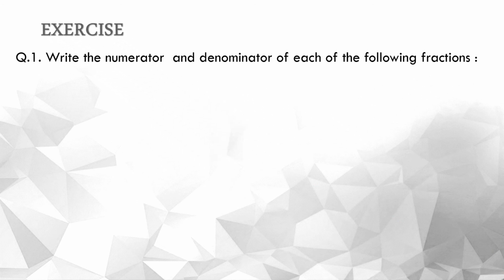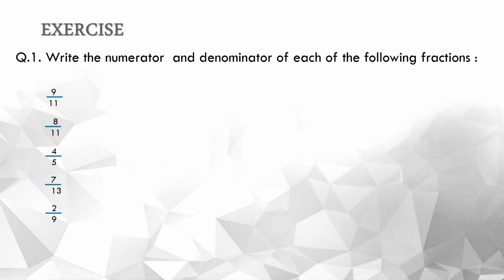Now let us solve the exercise. Question number 1. Write the numerator and denominator of each of the following fractions. First one, 9 upon 11. Here the number above the line is the numerator and the number written below the line is the denominator.